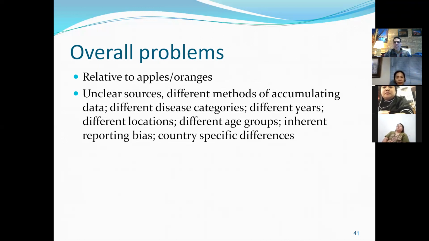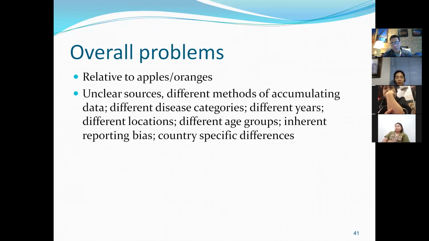So try to always remember that when your sources are unclear, when your methods of accumulating data are different, and when your categories and your criteria for the disease classification are different, then you should not do what we call a meta-analysis.